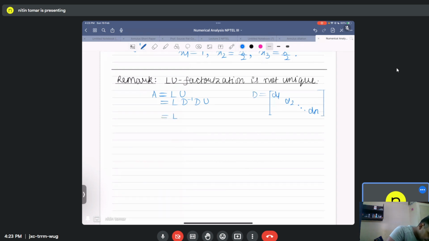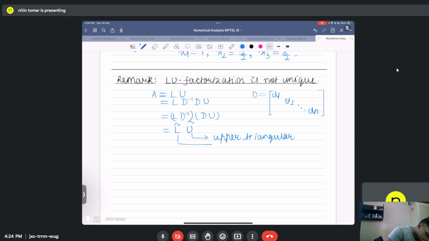Now, if you take L D inverse times D U, if you multiply a lower triangular matrix with a diagonal matrix, it will again be a lower triangular matrix. And D U will be an upper triangular matrix. So you have another factorization. The factorization is not unique by any chance.